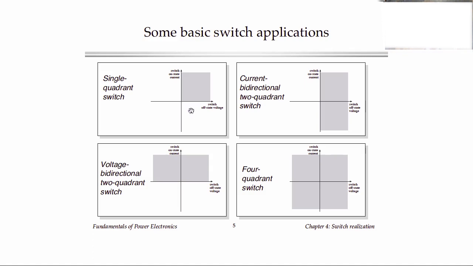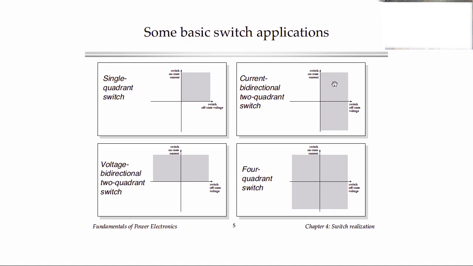Okay, there are many different possibilities, and in different applications, we may require one or more of these. So the single quadrant switch that I just mentioned is one example, and in fact, which quadrant does it have to operate in? You can see there are 4 possible quadrants, and so there are 4 ways in that sense to realize a single quadrant switch.